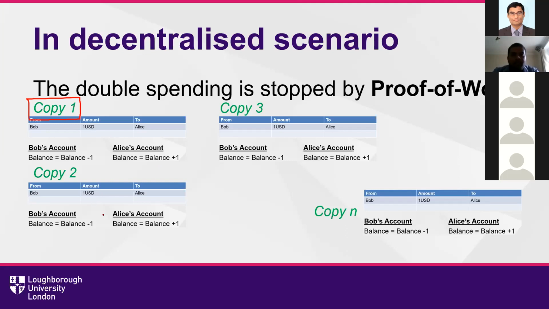Currently, we have probably around 500 million people, maybe 300, 400 million people using some form of Bitcoin blockchain, and all of them have the same copy. They can see the transactions from 2008 until now, right?